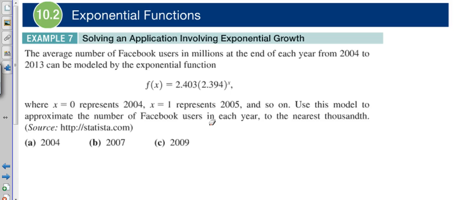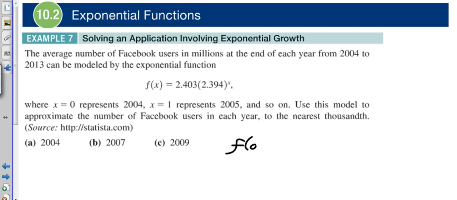So if we're going to find out approximately, right, because we're doing mathematical modeling, there is some margin of error, but if we're going to see where we're at year 1, which is actually in 2004, then we're going to go ahead and plug in x equals 0, right?